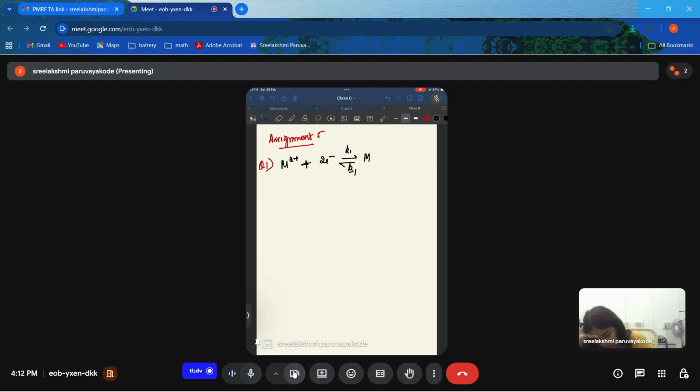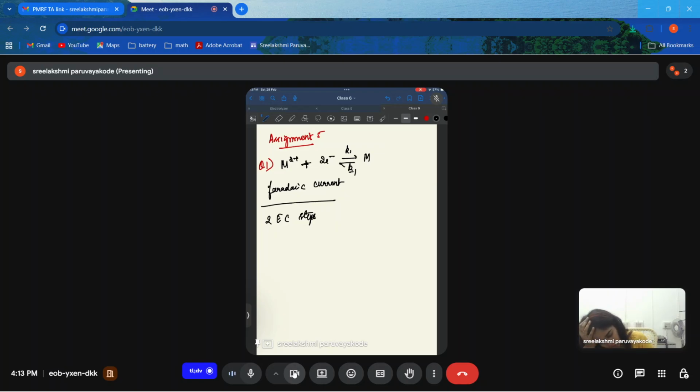So you have to find out the Faraday current. Here both the steps are electrochemical steps. Right? No problem with that.